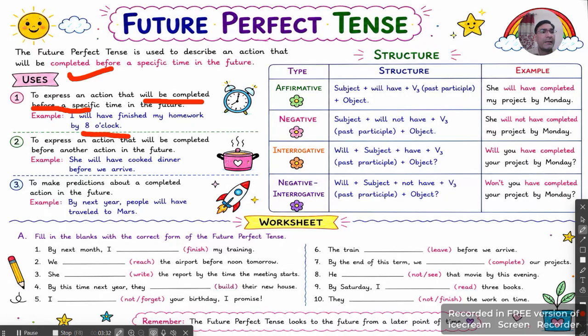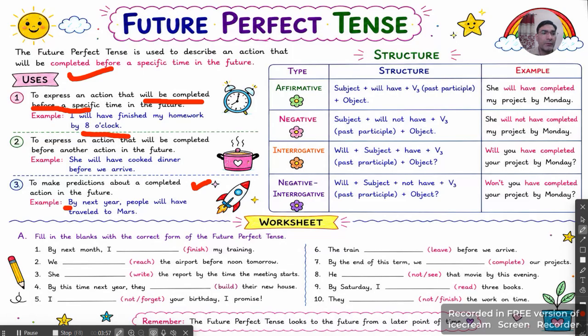Right? Next use is to express an action that will be completed before another action in the future. Like, she will have cooked food before we arrive. The third use is to make predictions about a completed action in the future.